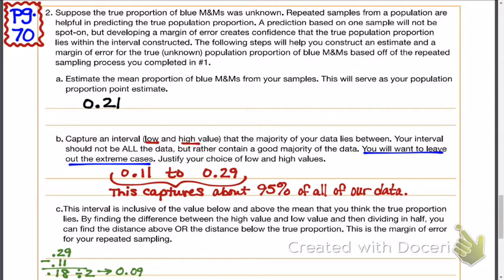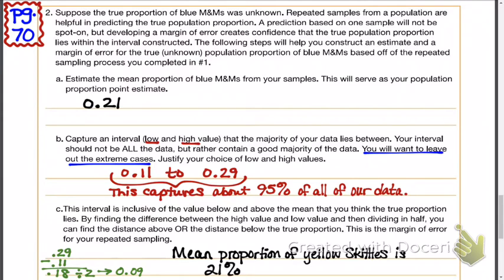So we would say that the mean proportion of yellow Skittles is 21% plus or minus 9%.